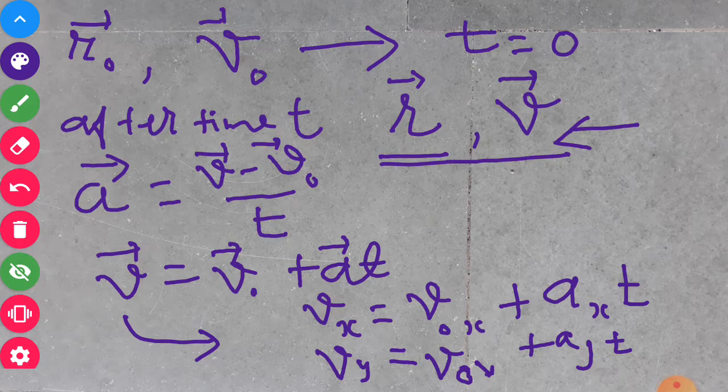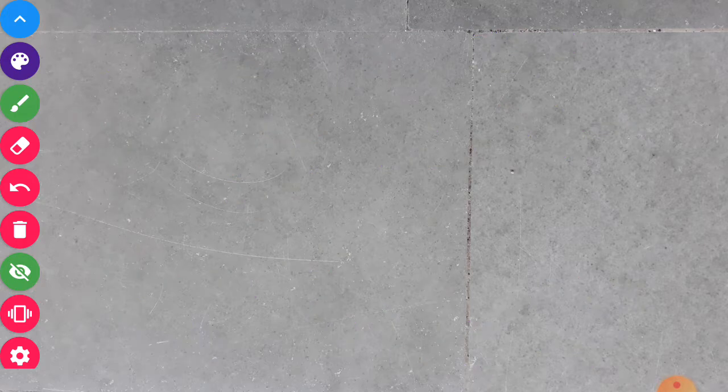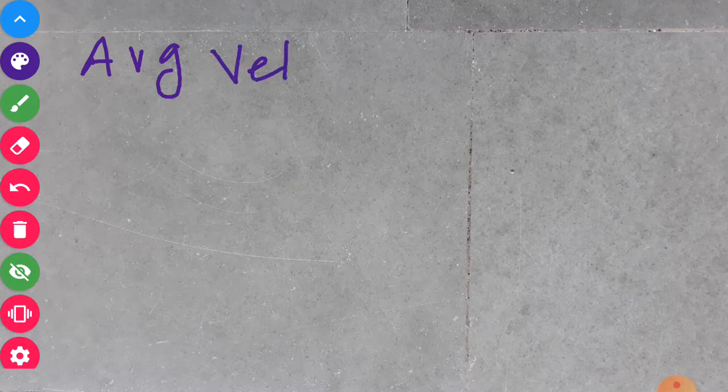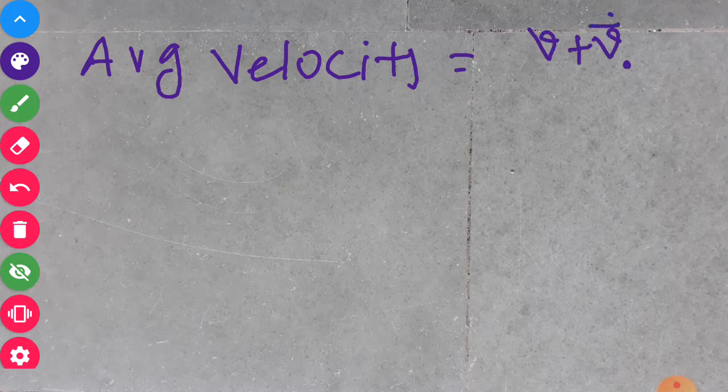Okay. Now if you want to find the displacement, then first of all the average velocity for the particle moving with constant acceleration is given by, as we have discussed earlier, the sum of the velocities, v plus v0, that is final velocity plus initial velocity, divided by 2.